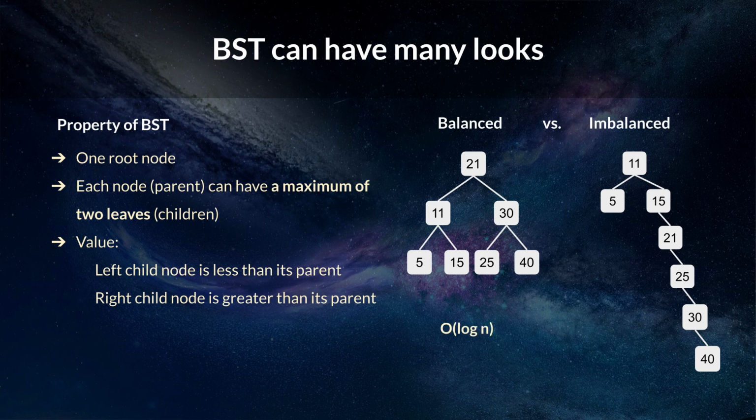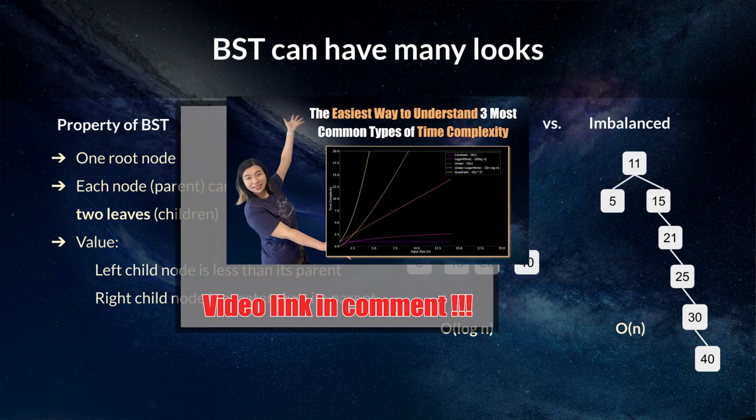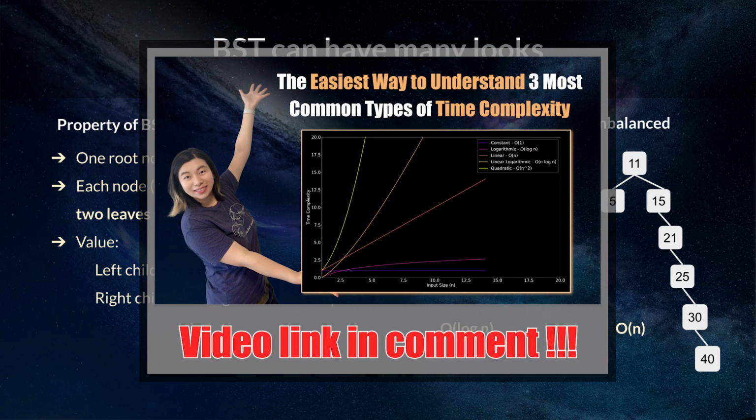But in the worst case scenario, you might need to search through every single node within the tree, which makes time complexity linear. If you are not familiar with the big O notation or the concept of time complexity, we have another video that goes over it, and I'm linking it below, so feel free to check it out.